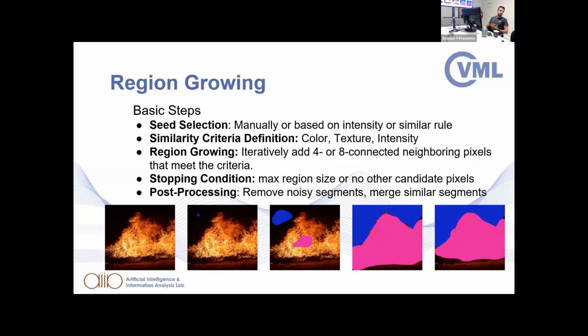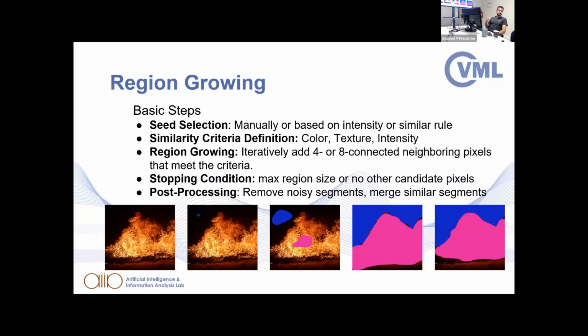This criteria may be the difference in intensity or the texture. Finally, we have the actual algorithm that appends these neighboring pixels. They may append 4 or 8 connected pixels based on the similarity criteria.